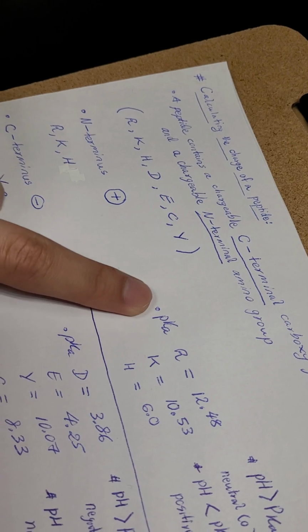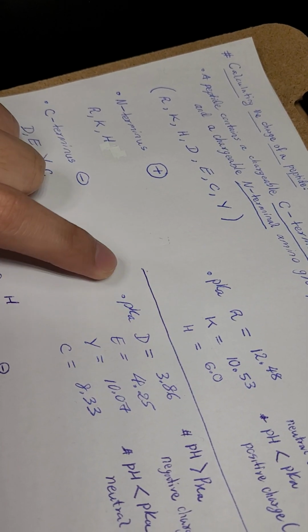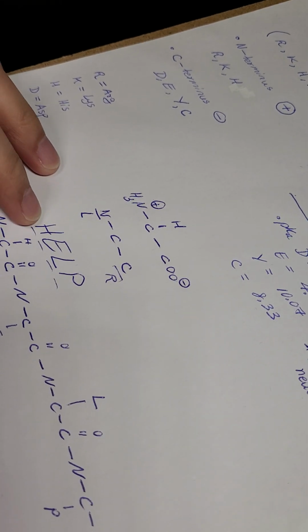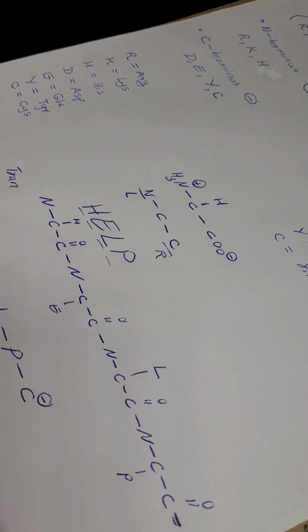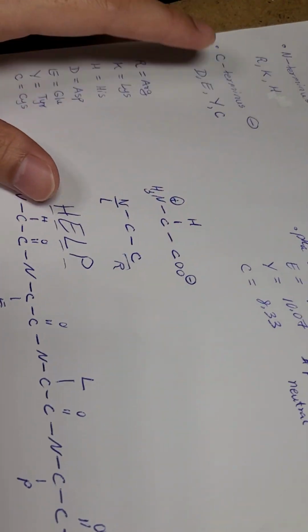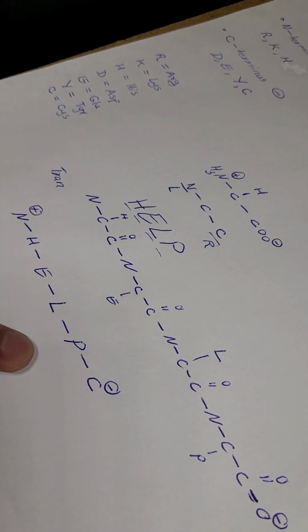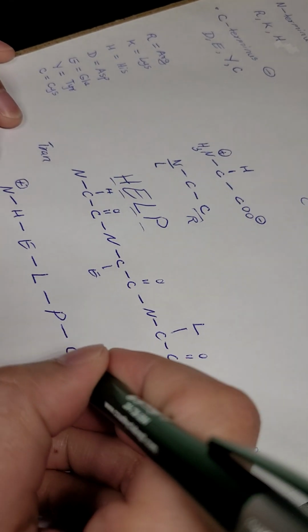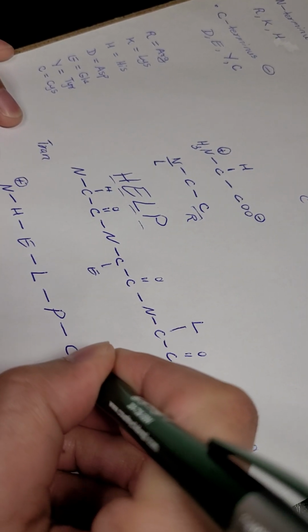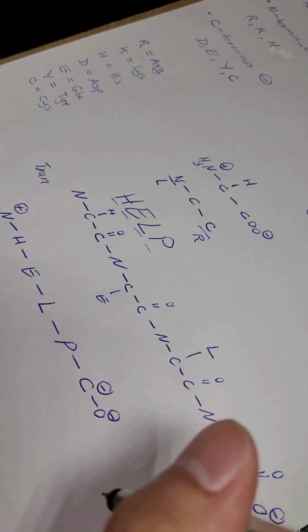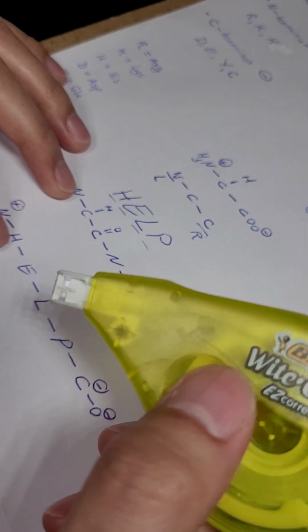It didn't tell us the pK for N, but don't get confused with the C. The C, this one, and the C down here. Let me wipe out this one.